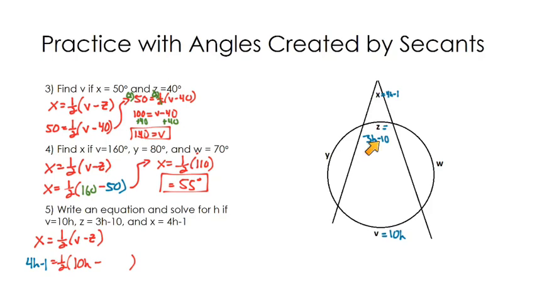And then here's where we have to be really careful. Our z value is 3h minus 10, but if I write it like that, I'm not subtracting 3h minus 10, I'm only subtracting 3h. So I need to throw parentheses around that 3h minus 10 to show that we're actually subtracting that entire value.